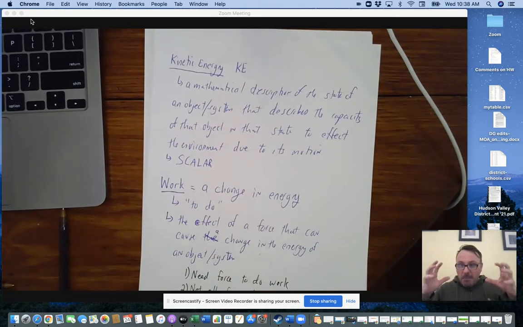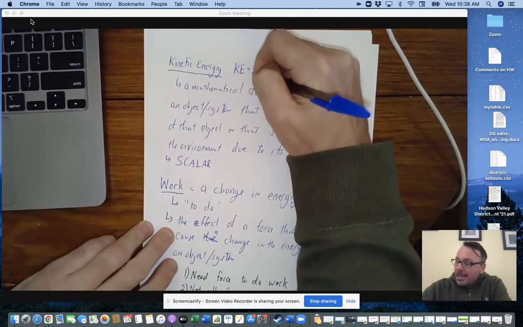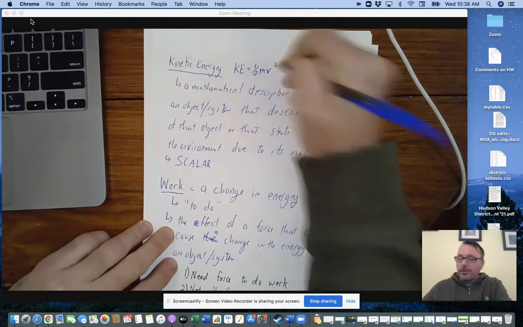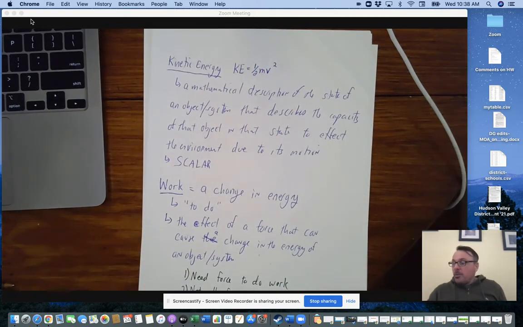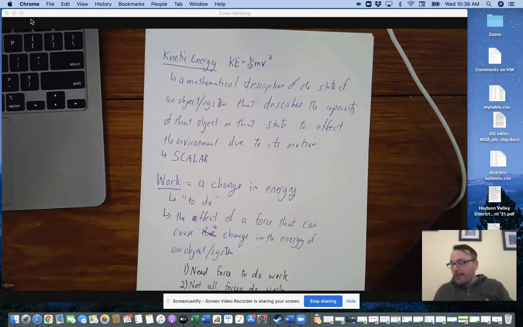Since this math seems to fit the description of what we need, a number that describes the effect something can have when it's moving, why don't we just call it kinetic energy? So KE is going to be 1/2 mv squared, where v, once again, is not the velocity, it's the speed. The direction doesn't matter because of that squaring. Awesome.